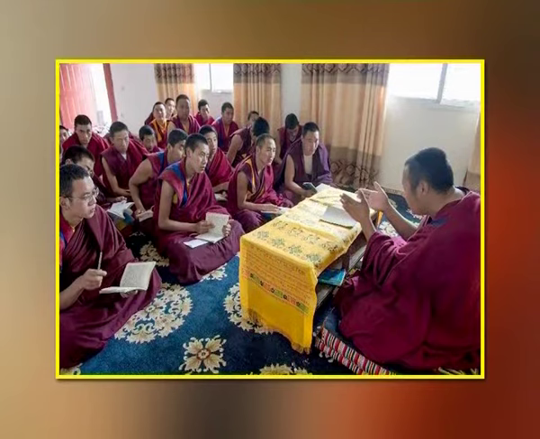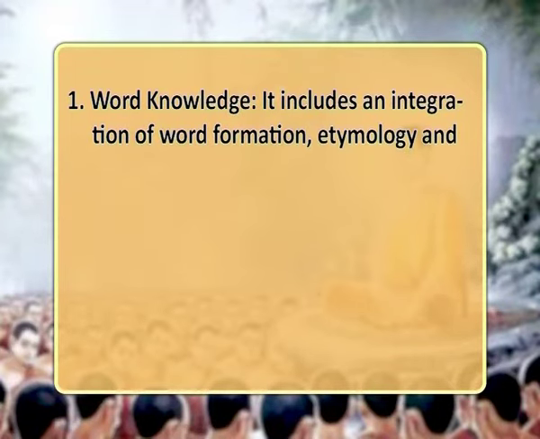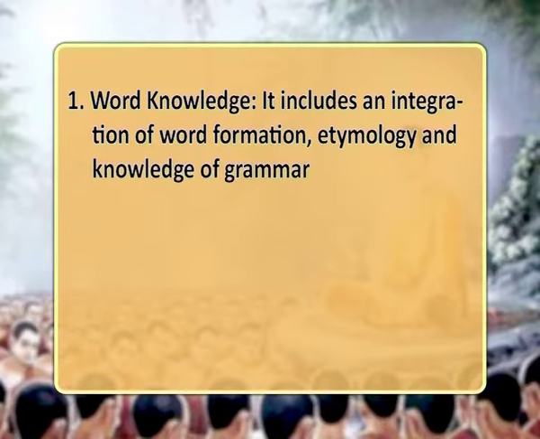So, in Buddhist monasteries, teaching and learning of the following types of knowledge can be found. First, word knowledge. It includes an integration of word formation, etymology and knowledge of grammar.